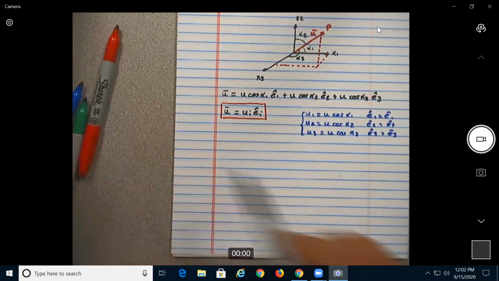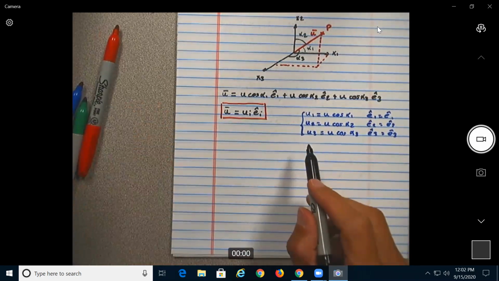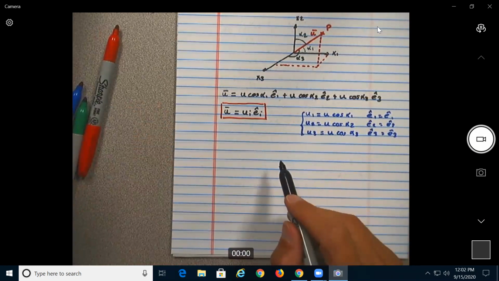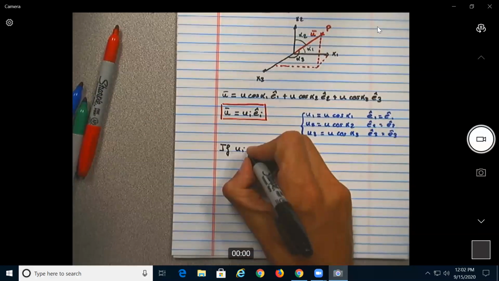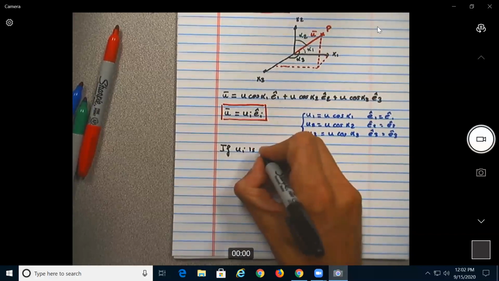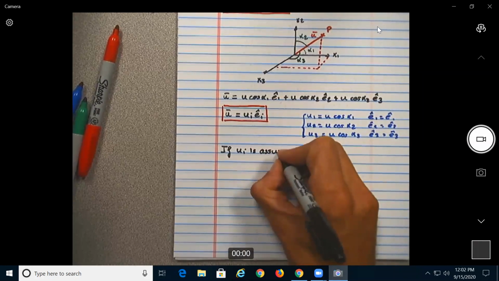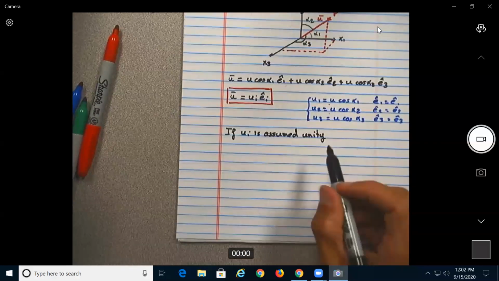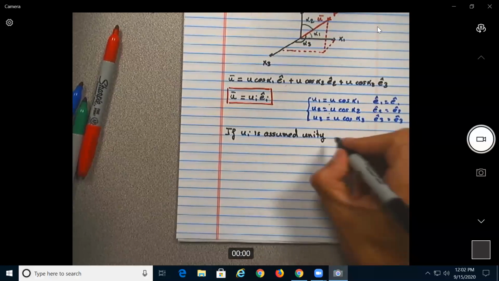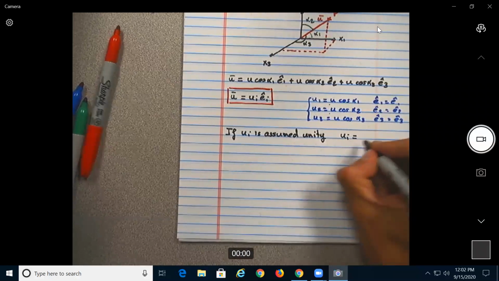Or this one you can also rewrite: if u sub i is assumed unity, so u equal to 1, then u sub i equals cos alpha sub i.